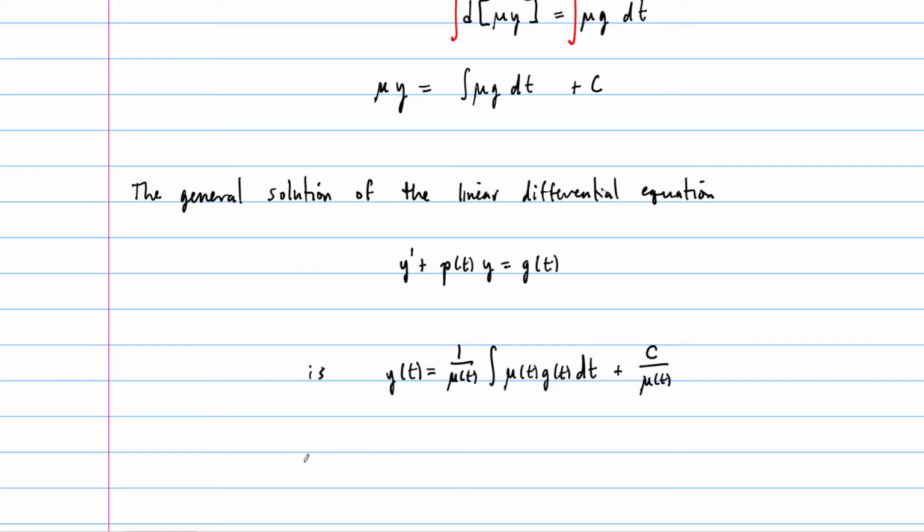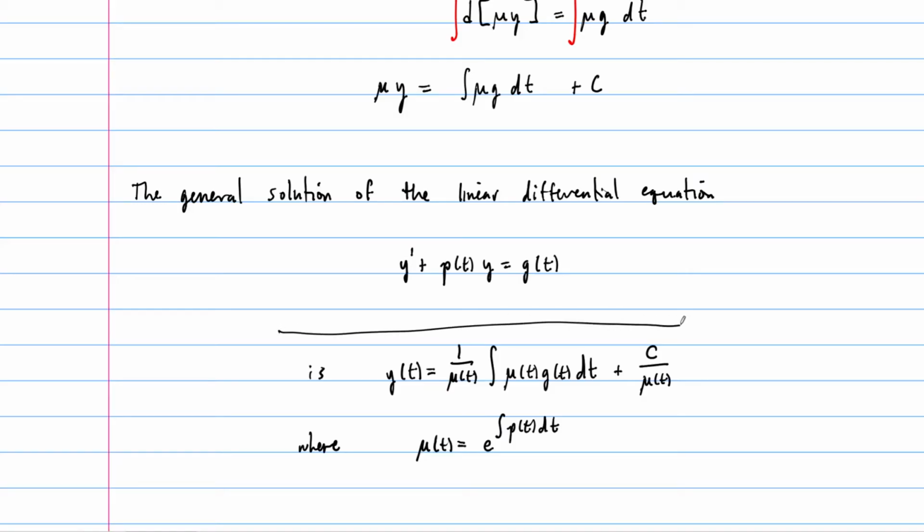All right, and so this is great, but we have to remind ourselves what mu is. So mu of t, our integrating factor, is the exponential function e to the power of the integral of p of t dt. All right, so this is the key.